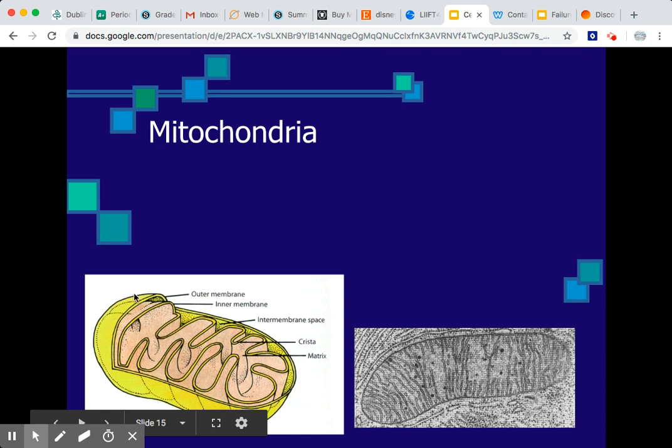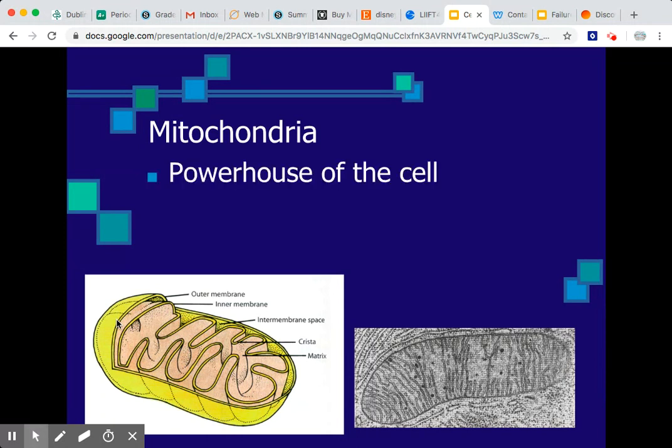Probably the most important thing to see here is that there's an outer membrane and an inner membrane to the mitochondria. And from the endosymbiotic theory video, if you remember, this is evidence to support that once upon a time this was a bacteria, and this outer membrane is probably the membrane of the organism that engulfed it.